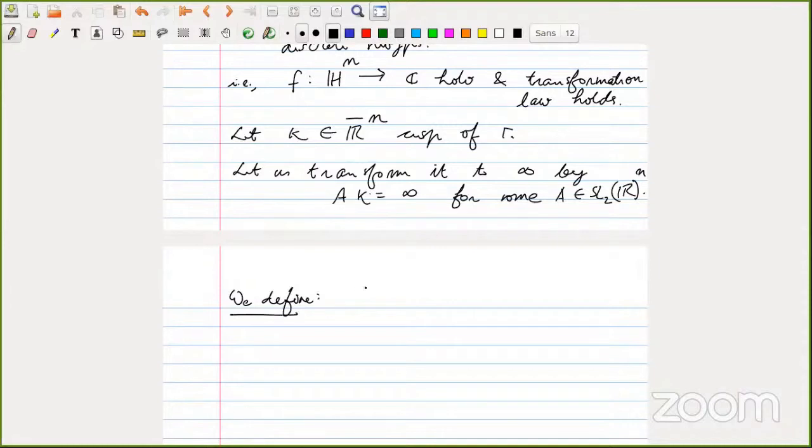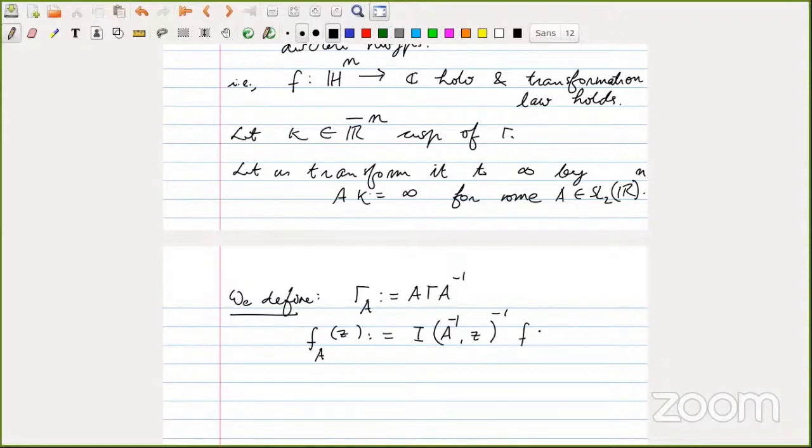So we can define, and these are maybe completely obvious, gamma A to be this new discrete subgroup A gamma A inverse. Then I also define f subscript A of z, which will be defined by j of A inverse z inverse times f of A inverse z.